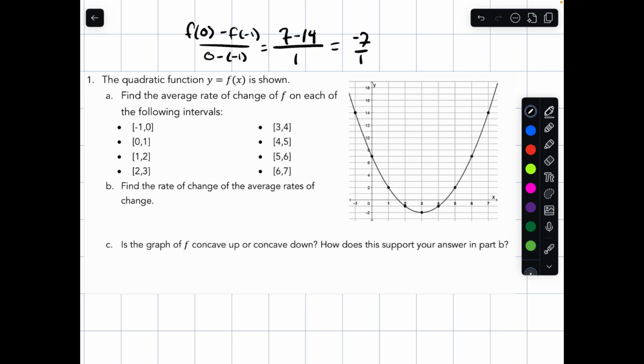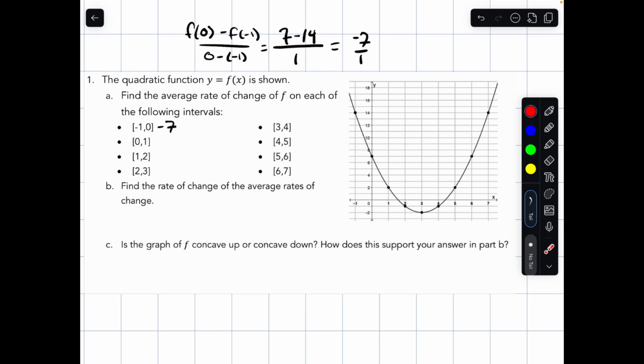The one thing you're going to notice is that all these intervals are a distance of 1. So really, all I have to do is look at how far down or up I go to get to the next point. I really don't have to do the average rate of change formula every single time. I could look between 0 and 1 and just see how far down I go.